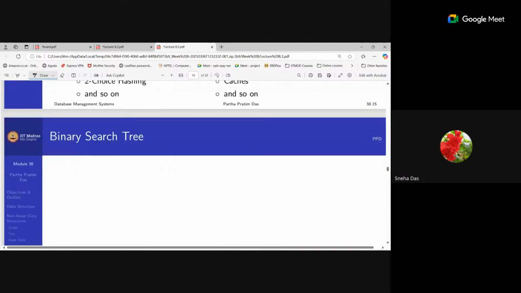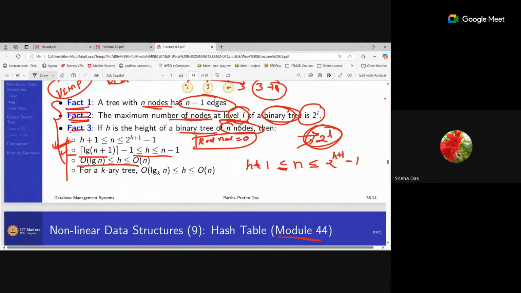The three conditions. This one, right? Yes, sir. So log of n plus 1. So this is also important. The second and third conditions, you can keep a note of these as well.